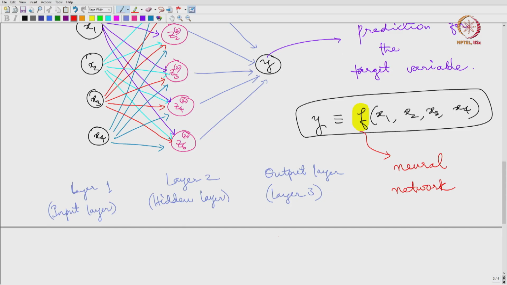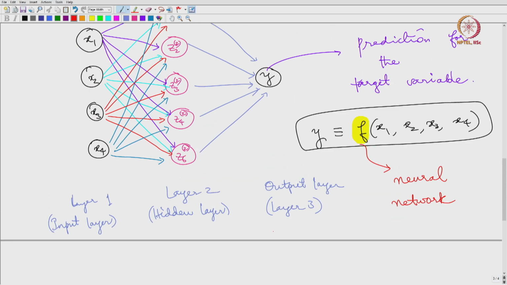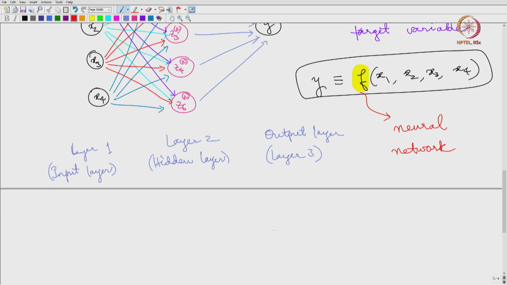Alright, so given this example, let us go ahead and further understand what happens in a neural network.